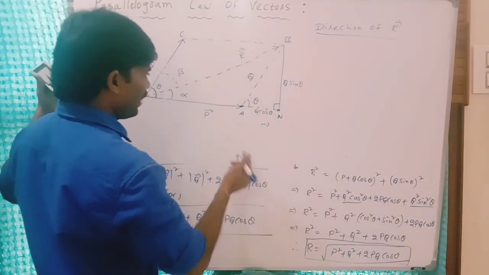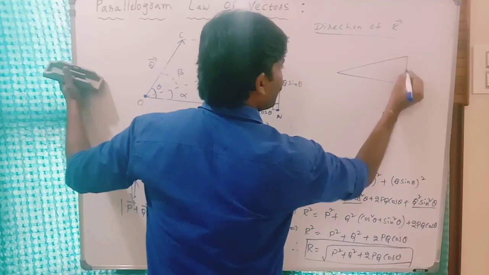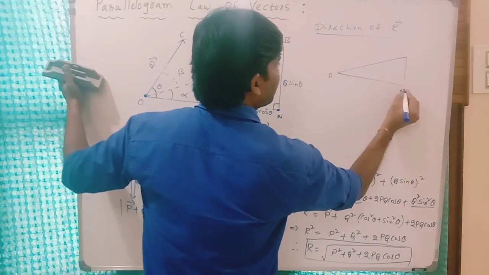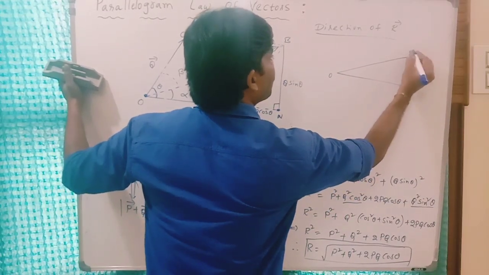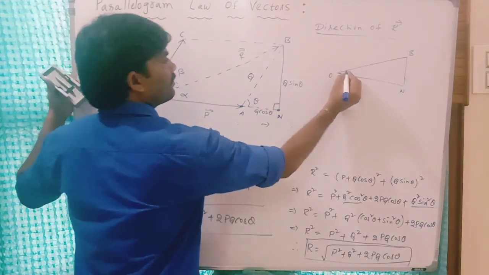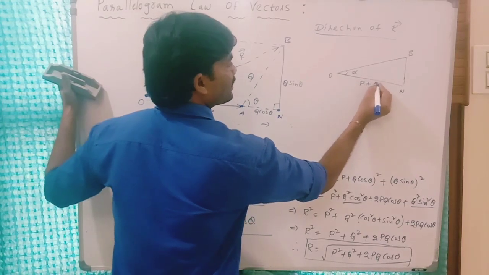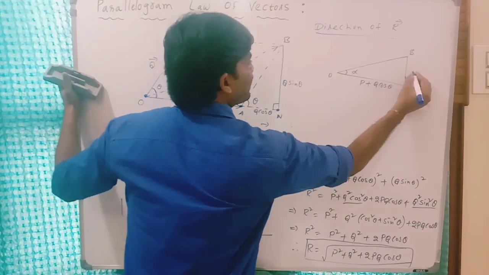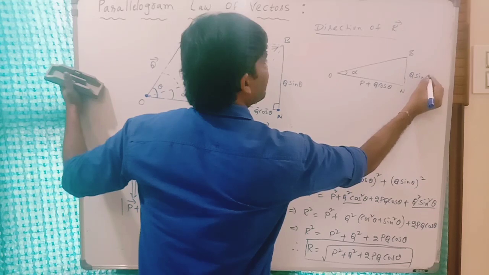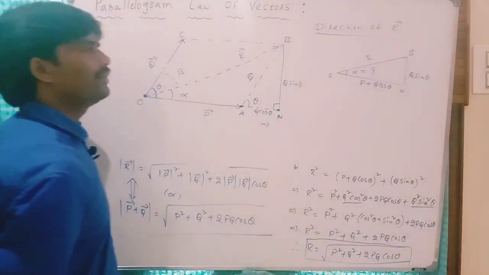The same triangle, this triangle. Already we have taken the triangle ONB, and you can see this angle is alpha. This side is what? P plus Q cos theta. And this side is Q sin theta. This is R. Now I want the angle.